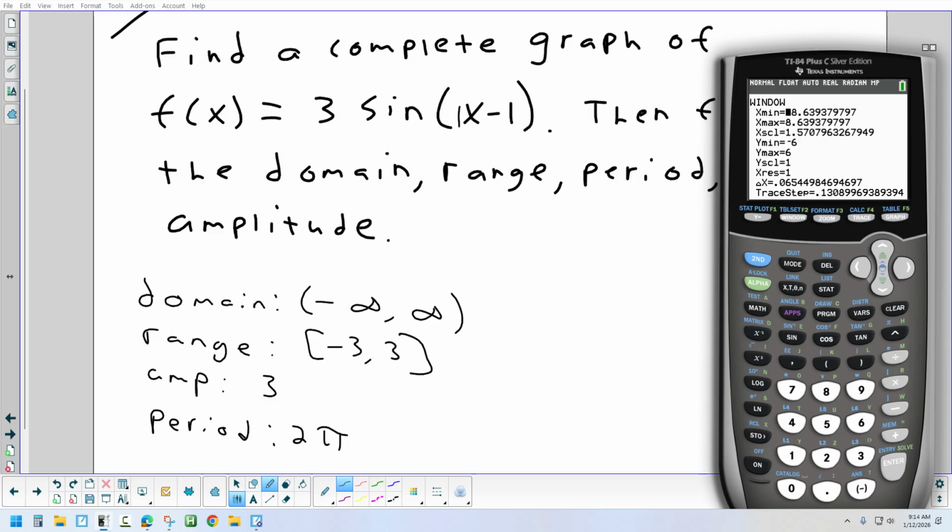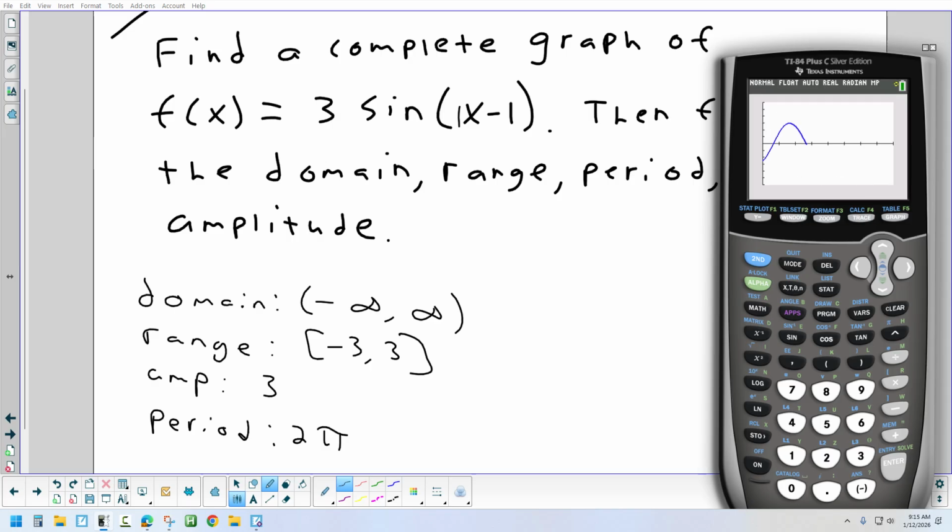So if I want to show 2 cycles, that means I need a window that is 4 pi wide. You can set that any way you want. You could go 0 to 4 pi. You could go 4 pi to 8 pi. You could go negative 2 pi to positive 2 pi. As long as when you subtract the x min and the x max, you get a 4 pi, you've got something that's 4 pi wide. I only have to go negative 3 to 3 on the height. I'm already all set with a negative 6 to 6.